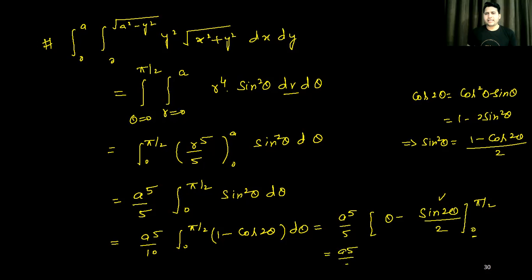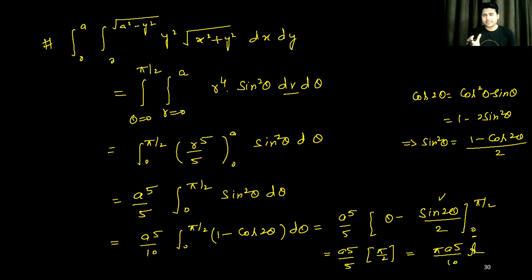So finally, a power 5 into pi by 2, because the rest of the terms will be 0. So pi into a power 5 upon 10 is the required answer for this double integral by changing it into polar coordinates.